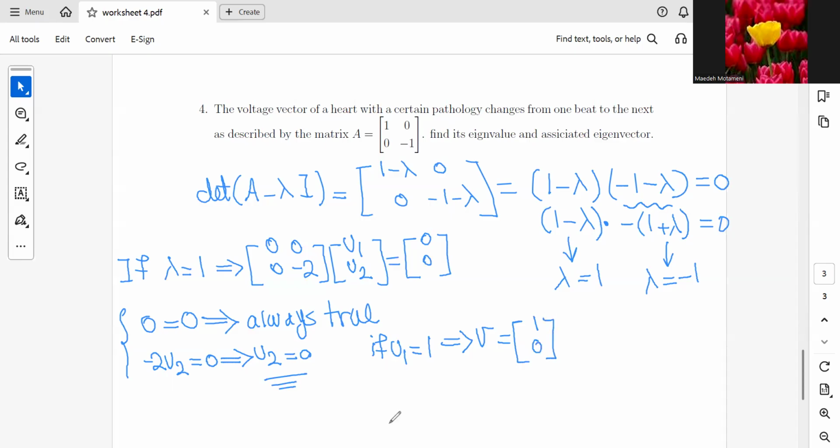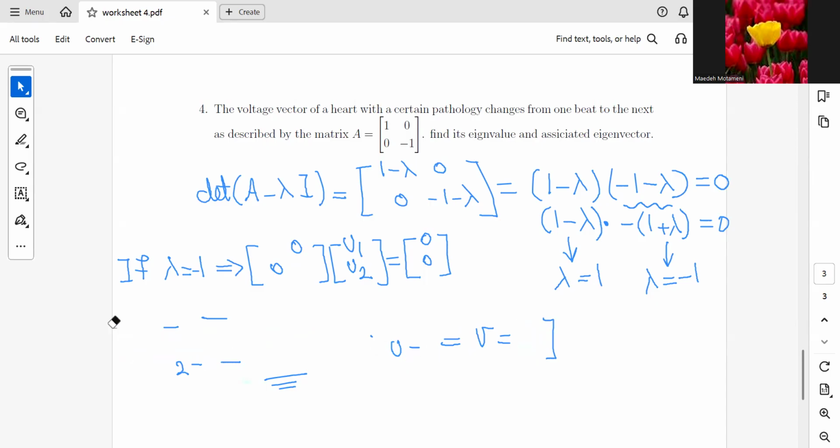Same idea when you pick lambda as negative 1. So if lambda is negative 1, the matrix would be 2, 0, 0, 0.